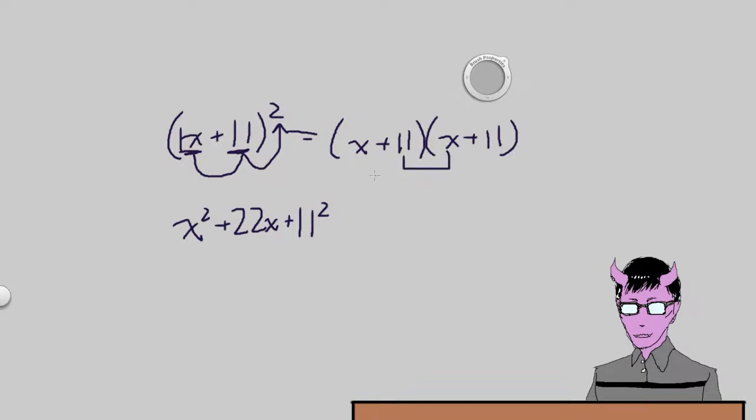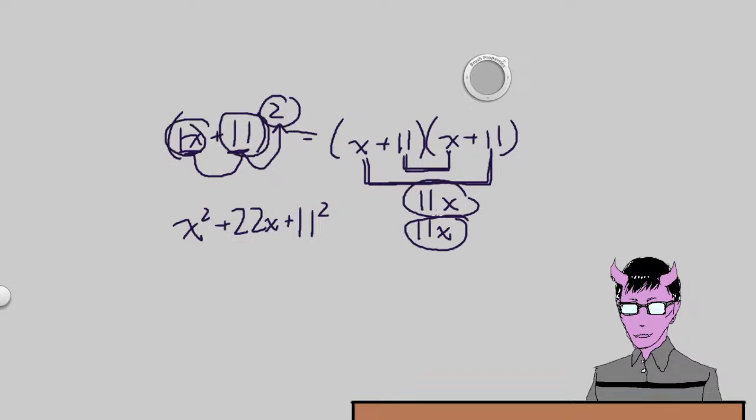It's the summation of 11x and the exact same term, again, repeated twice. So 11x and 11x. Where does this 11x come from? It comes from this one times this one. But this product involves the exact same number, so you're going to get 2 of these, hence the shortcut works. This one times this one gets you 11x, times 2 gets you 2 of them, so 22x.